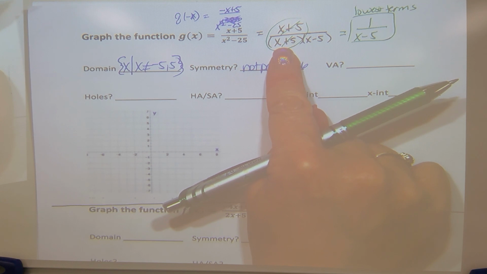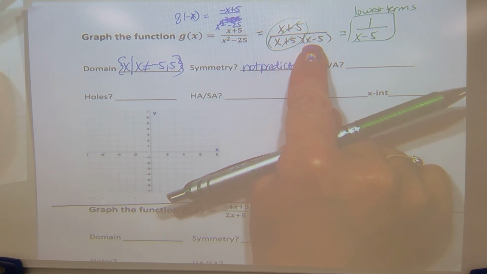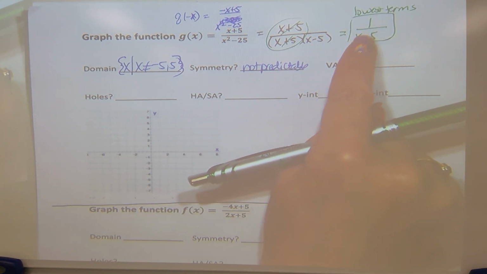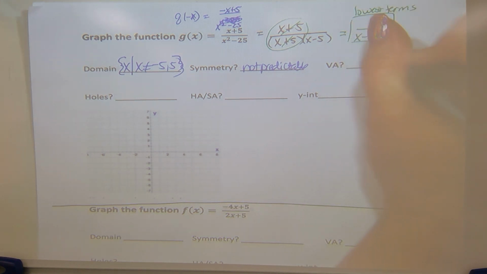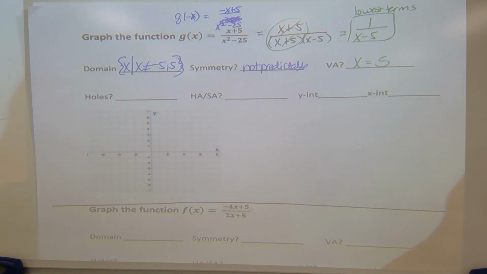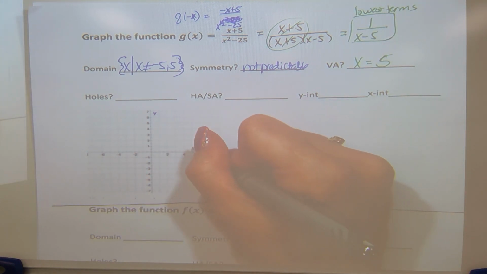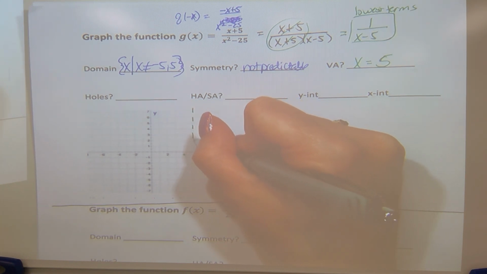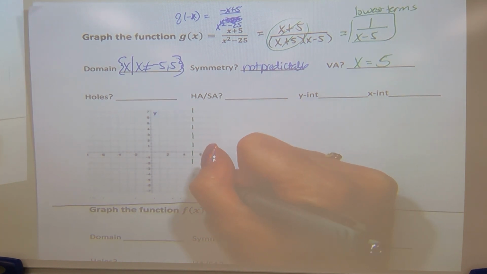That value gives me a hole in the graph. This factor stays put. That value gives me a vertical asymptote. If I take this expression x minus 5 and set it equal to 0, I get x equals positive 5. That is the location of my vertical asymptote. Let's sketch that in. A vertical asymptote at x equals positive 5.